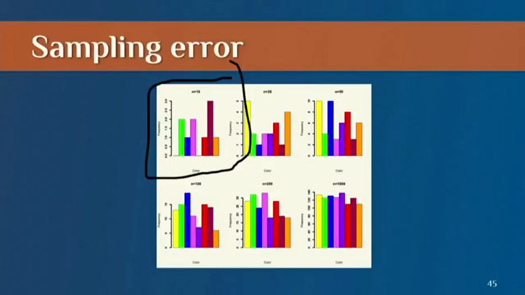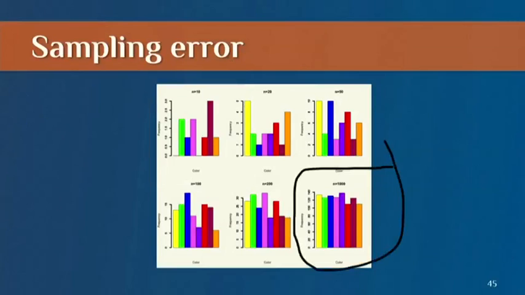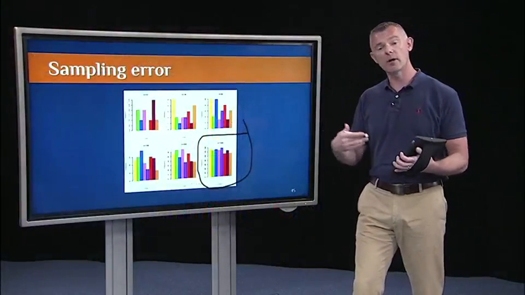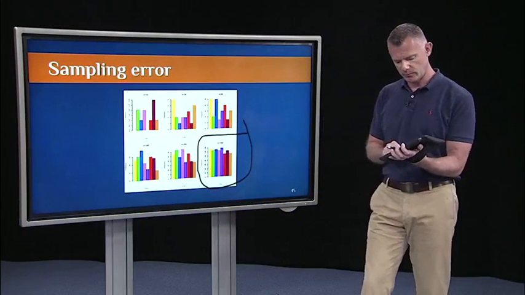There's actually no yellow represented in that sample. But as you go to this very large sample of 1,000, we have almost equal frequencies of all colors. So it's a truly random and representative sample.